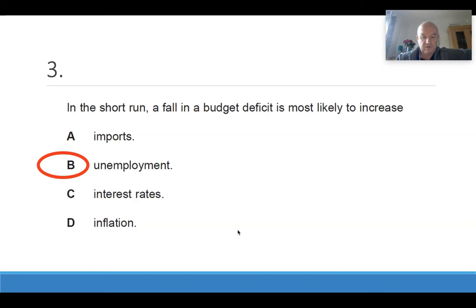If we're talking about a fall in the budget deficit, the government is choosing to spend less in terms of its government spending and the amount of taxation that it's raising. So that is most likely to cause an issue in the short run as far as unemployment is concerned.